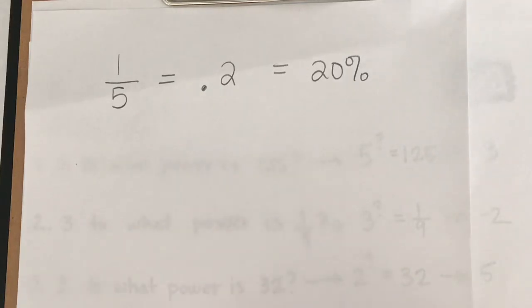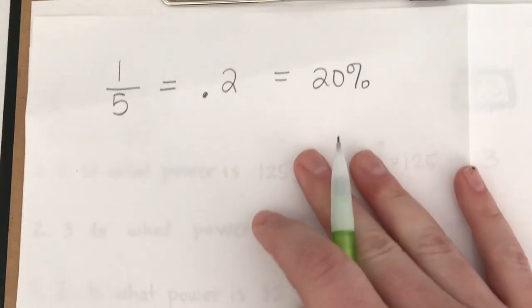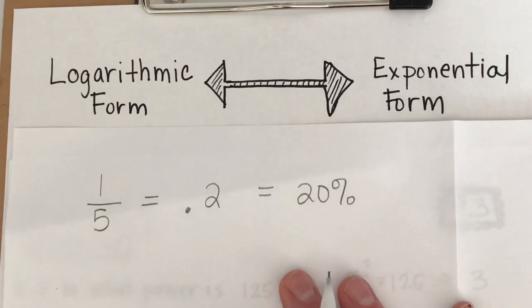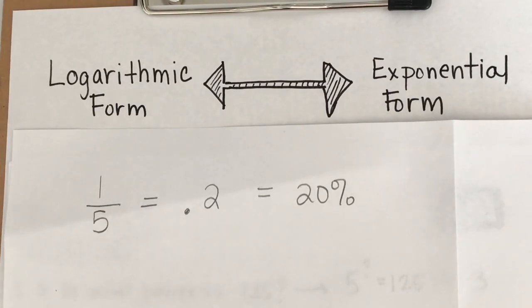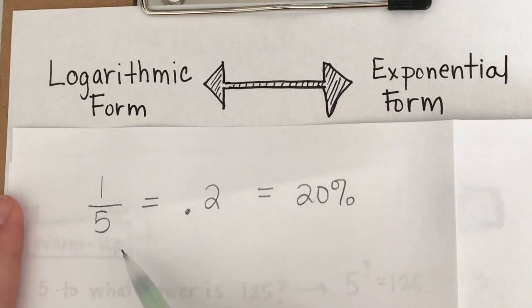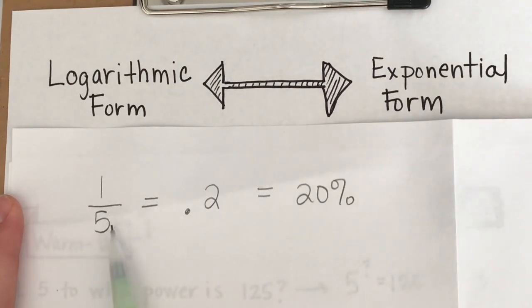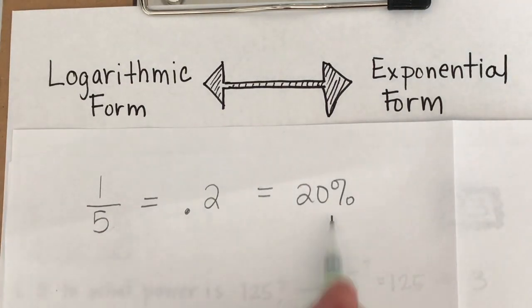Okay, so now what we're going to do is start looking at how we can go from exponential form to logarithmic form and vice versa. Before I show you how to do this, what I want you guys to see is that you've always had equivalent ways to write things. So we know that the fraction 1/5 equals 0.2, which is the same thing as 20%. And sometimes one of these forms is better than the other depending on the context we're in.